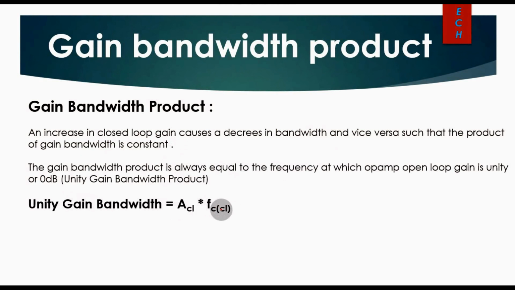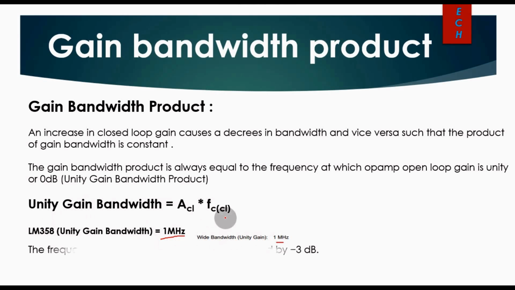Critical frequency, or cutoff frequency. If you look at the data sheet of LM351 or LM358, the unity gain bandwidth is 1 megahertz. It is written in the Opamp datasheet: wide bandwidth, unity gain equals 1 megahertz.